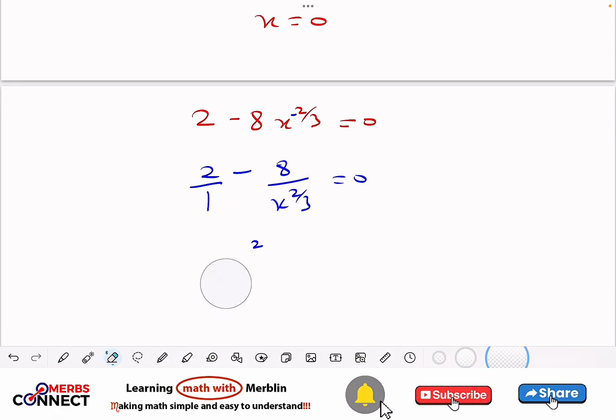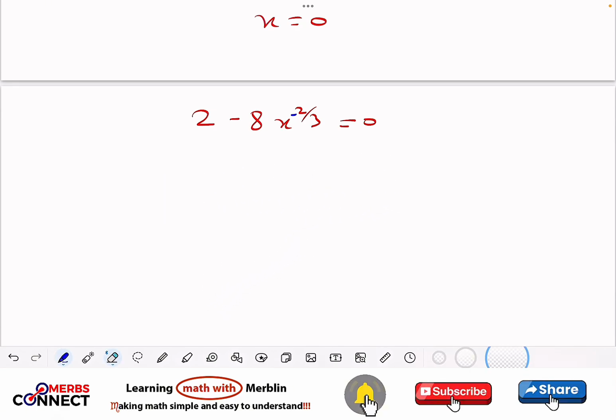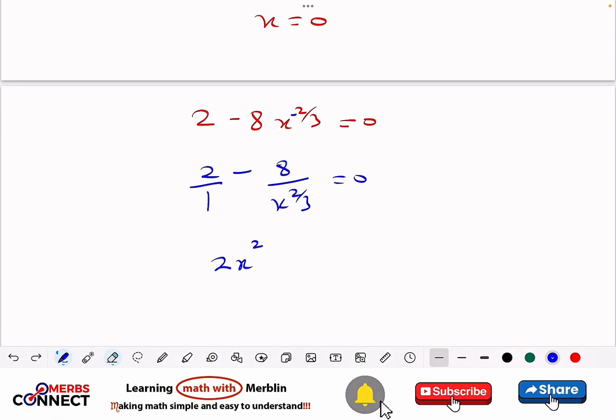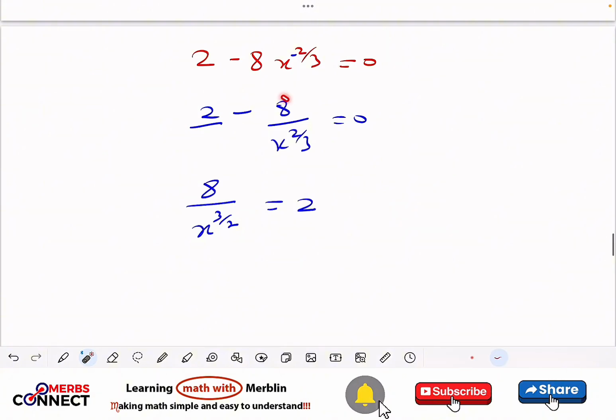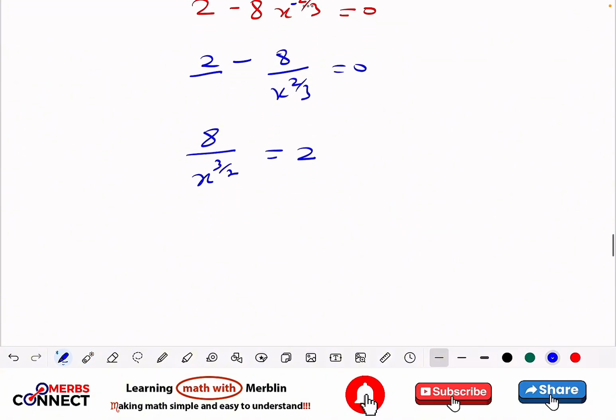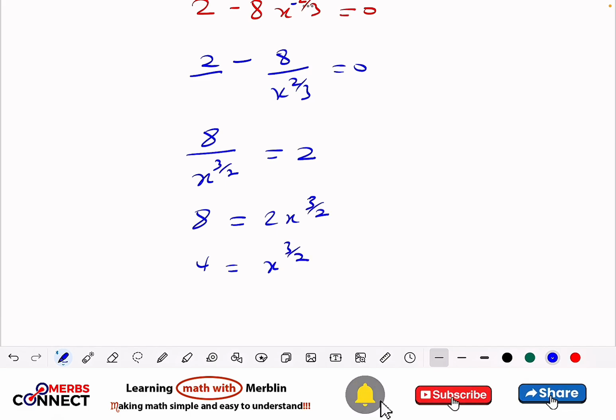Since this one is minus, I can write it as 8 over x to the power 2/3, which is equal to 2. So I move this one to the other side. Then I'll multiply through, so I'm going to have 2x^(2/3) divided by 2, and I'm going to have 4 is equal to x to the power 2/3.